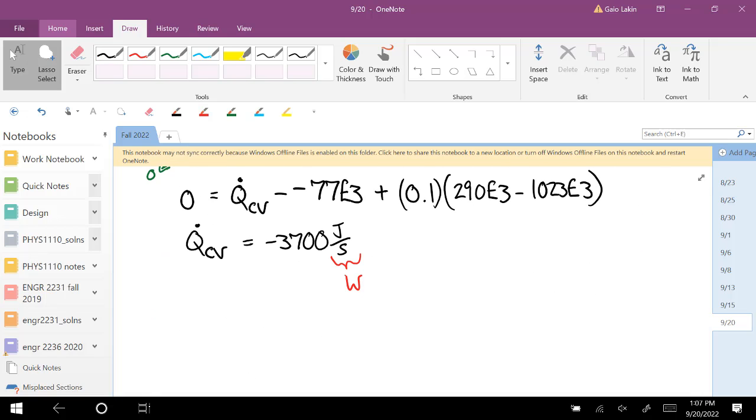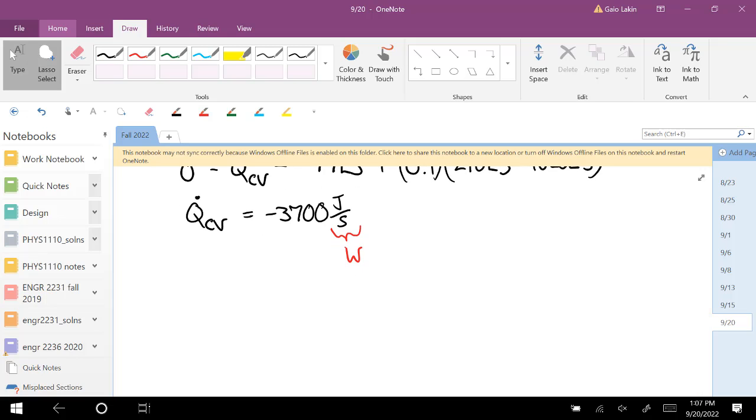So the last thing we have to do is, what about pumps where you're raising the height of a liquid? Pumps can also raise the height of a liquid.